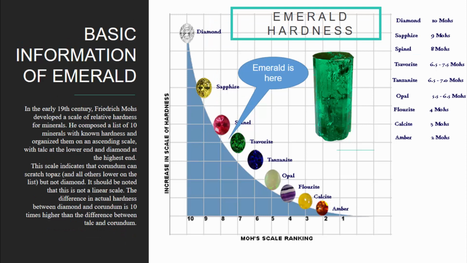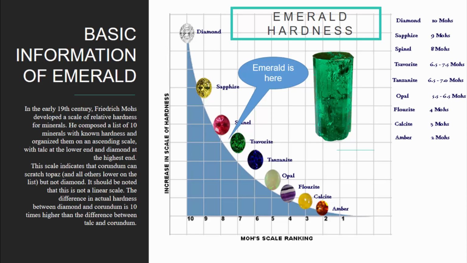Another basic piece of information about emerald is hardness. Hardness is one of the most important properties that turns emerald into a gem, because gems are those stones that have durability, beauty, and rarity.